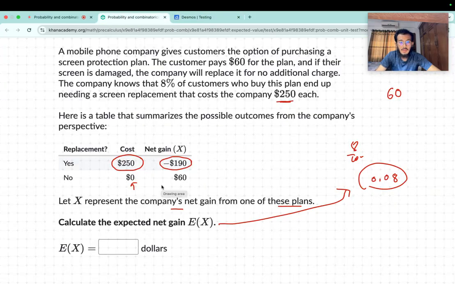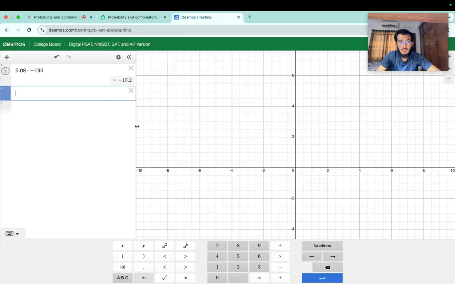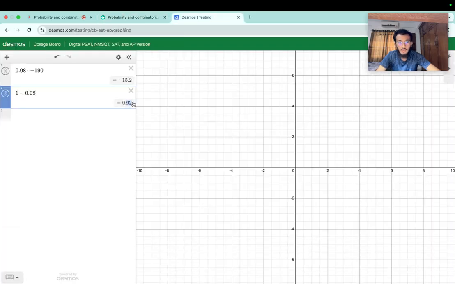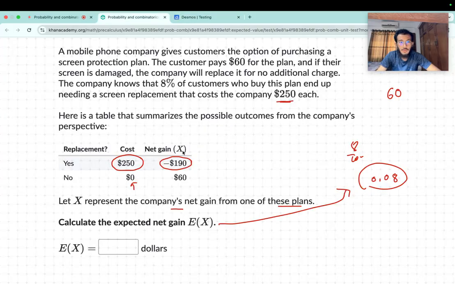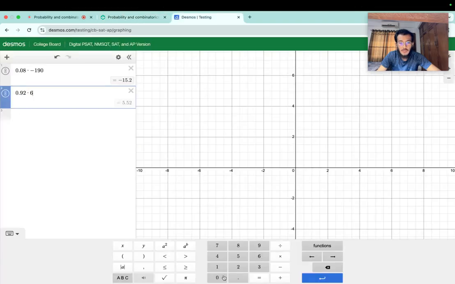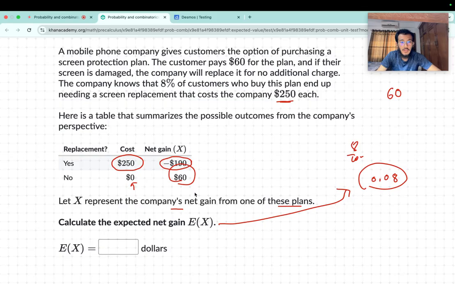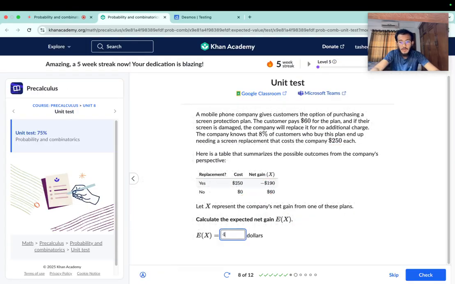And the probability that you don't require a replacement is 0.92. When you don't require one, the company gets a net gain of 60. So 0.92 into 60 is 55.2, minus 15.2, which is 40. So I can say that the expected value is $40.